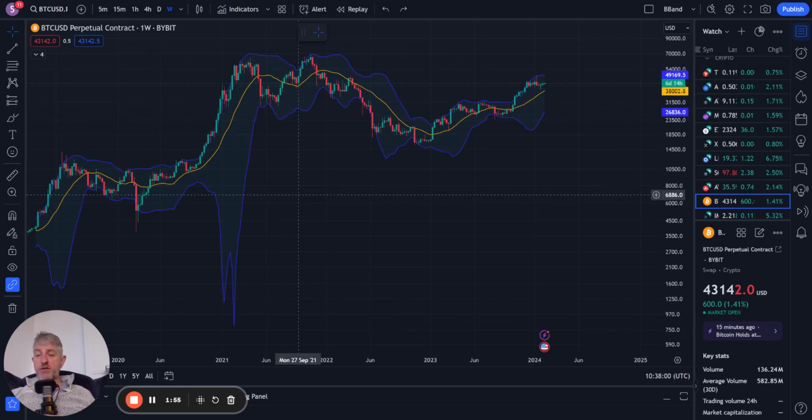You can change it to 2 or 3 or whatever you want, but basically they're a measure of volatility within the market. So as you can see here, when the Bollinger Bands are close together, there's low volatility, so the price isn't changing very much.